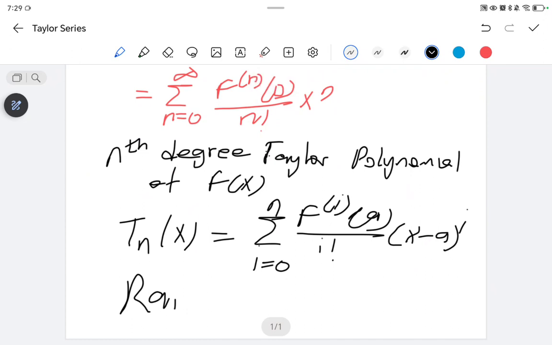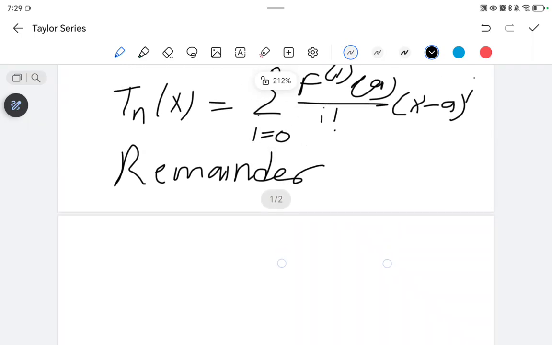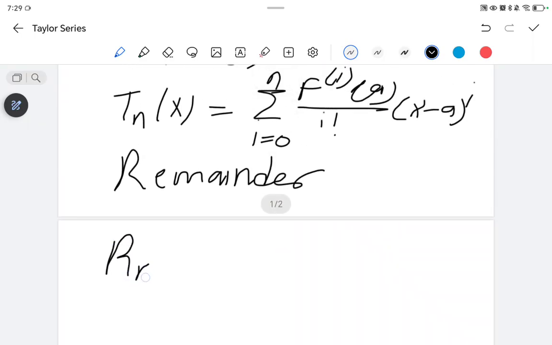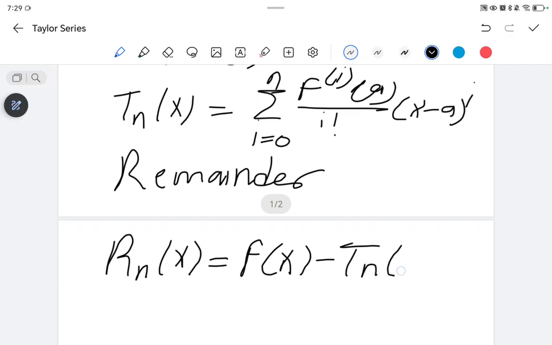For the remainder, our formula will be equal to f of x minus that degree of the polynomial. You see, this will be the remainder.